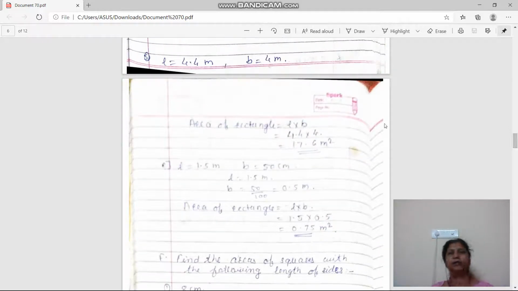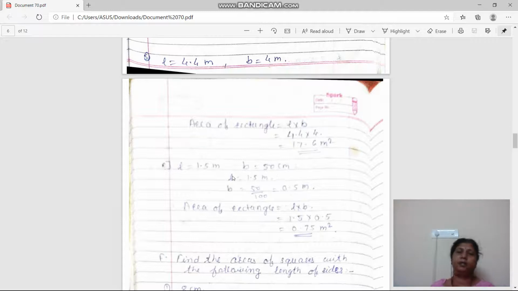L is 4.4 and breadth is 4 meters. So area of rectangle is equal to 4.4 multiplied by 4, that is 17.6 meter square. Okay. Now length L is 1.5 and breadth is 50 centimeter. Right. So see here, both the units are not same. So what is our first step? We have to convert the units to the same measurement.